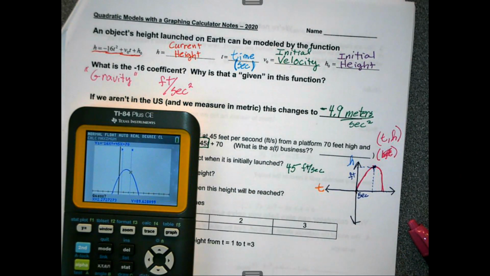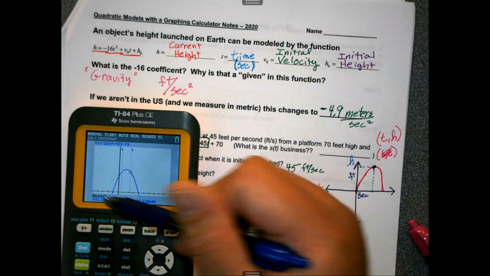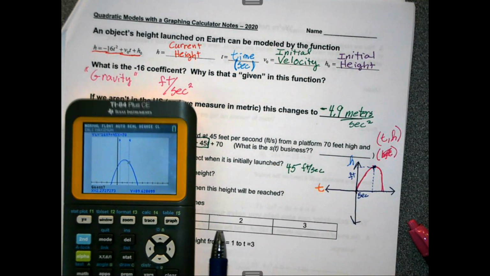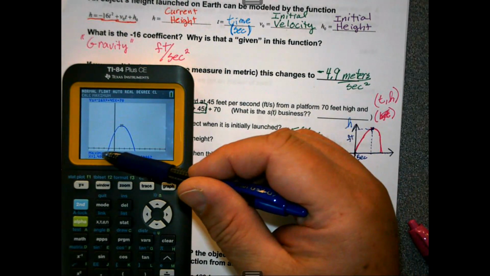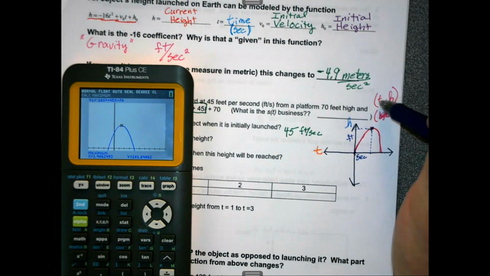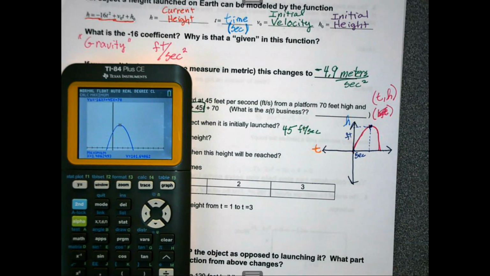vertex is. So it's asking me, do you want me to guess where it is? Well, yes, I do. So I'm going to hit enter, and it's giving me that point. Okay, it's giving me that t comma h.